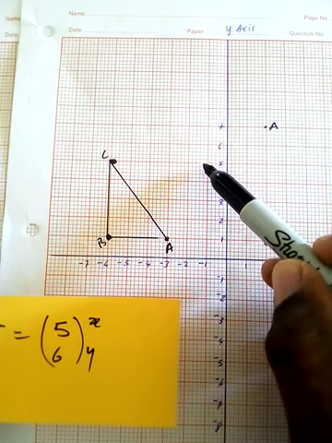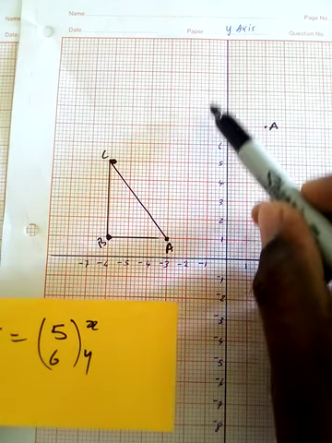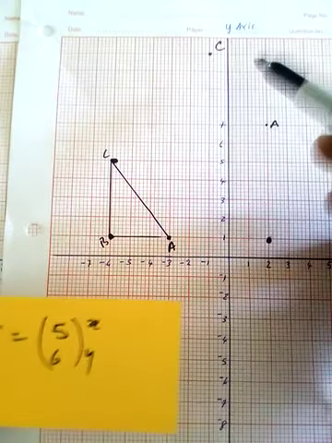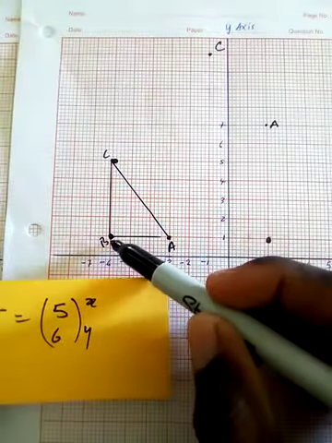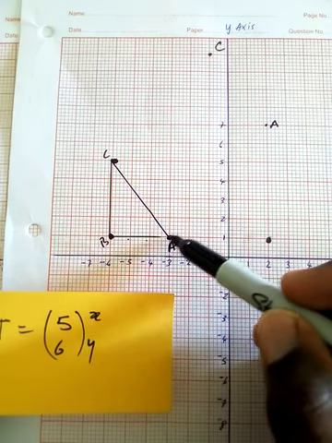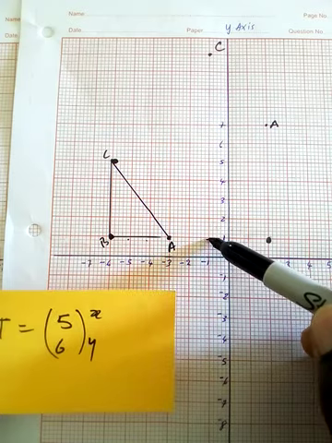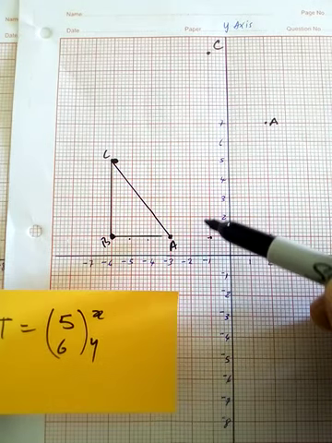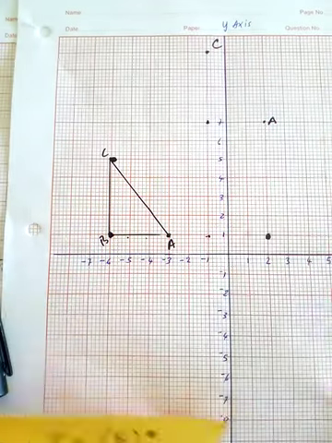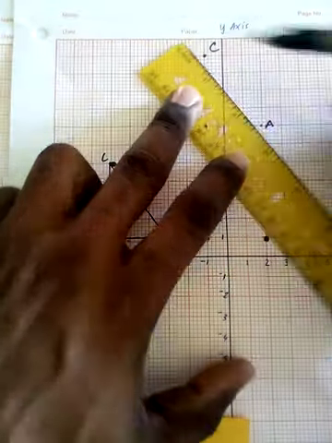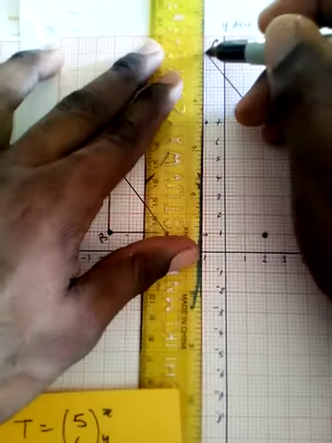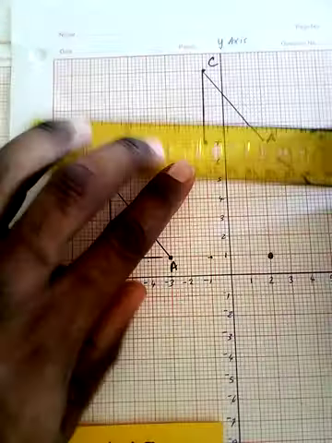And 6 units upward. 1, 2, 3, 4, 5, 6. So point C will be there now. Moving point B. 1, 2, 3, 4, 5. Then 6 units upward. 1, 2, 3, 4, 5, 6. Here we see our new shape is being translated.